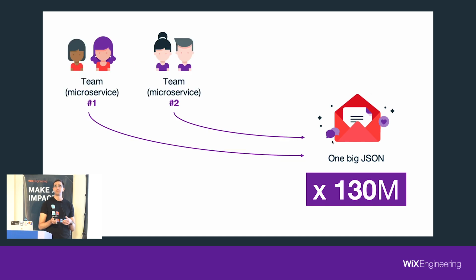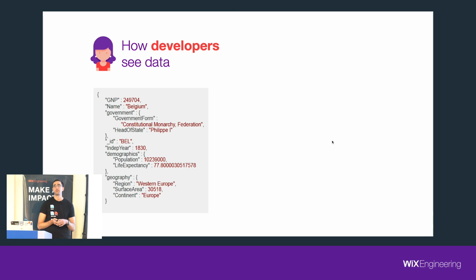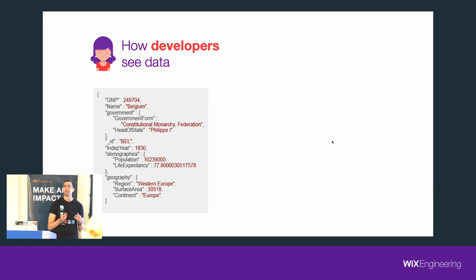Now, most of the MySQLs here at Wix are relational. So usually when the developer comes and shows us the unstructured data that he wants to work with, he'll show us something like this. And because most of the databases here are relational, mostly MySQL, in my mind, I'm thinking how to take this JSON and turn it into something like this.